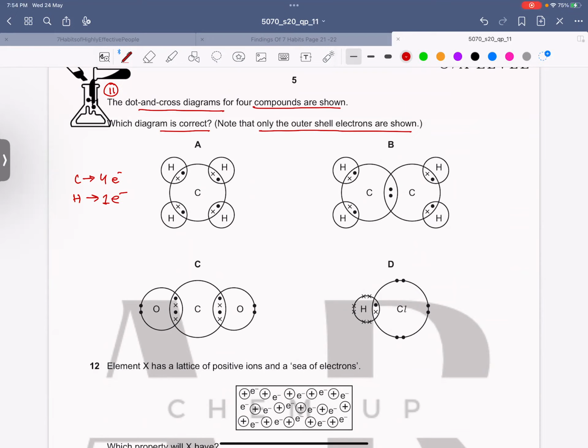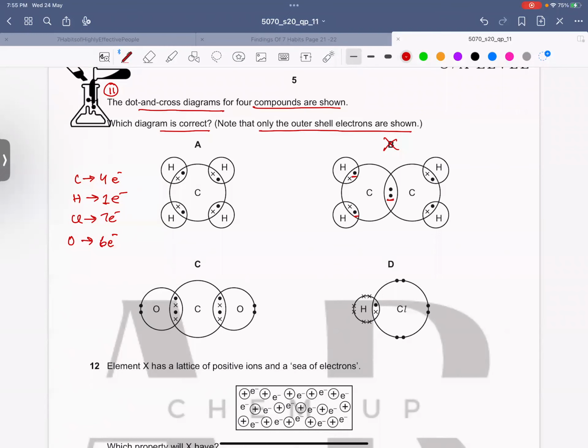I will suggest always go for the wrong ones first. Chlorine has 7 electrons, and oxygen has 6 electrons. See, in this case, each carbon atom has only 3 electrons, so this is wrong.